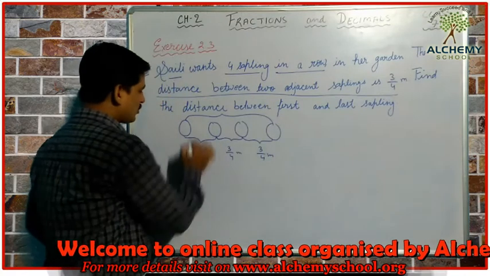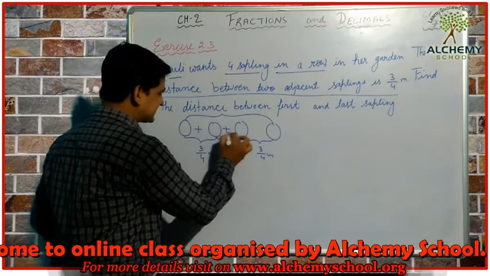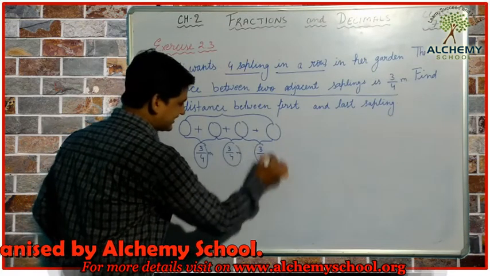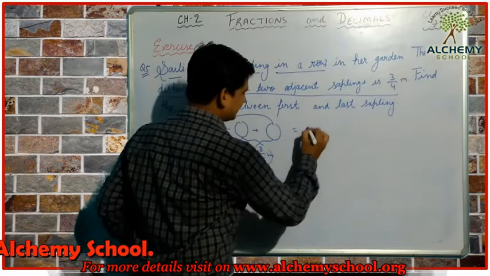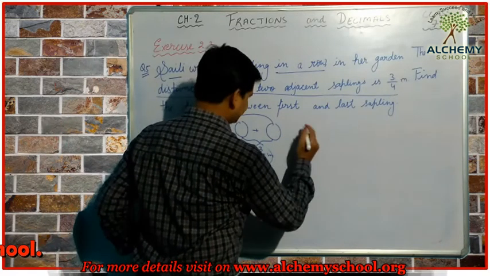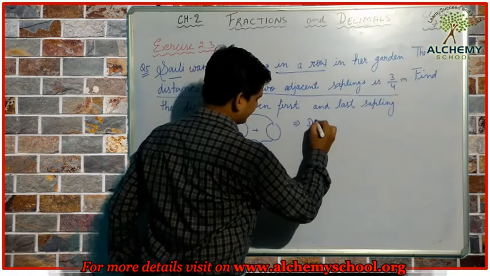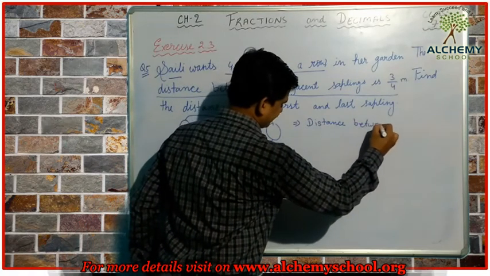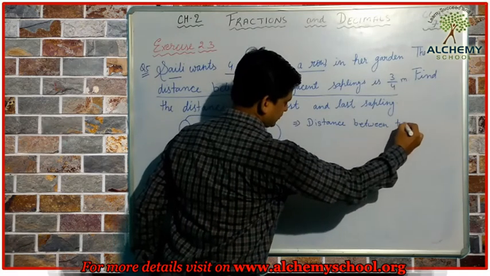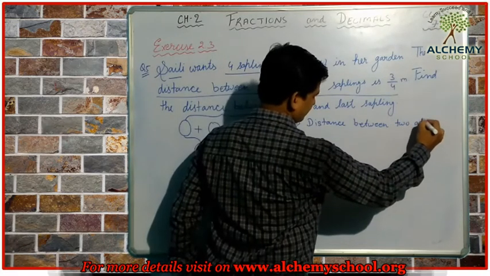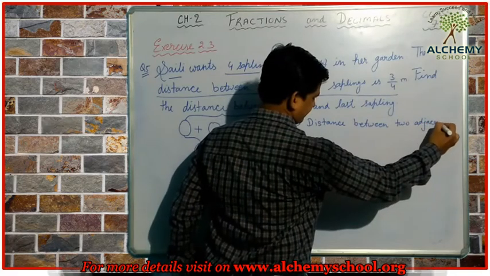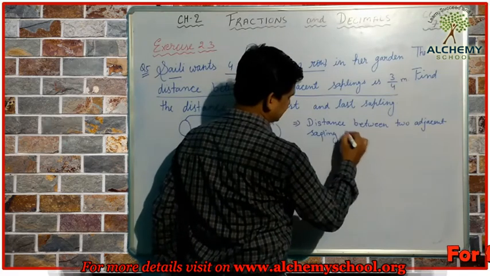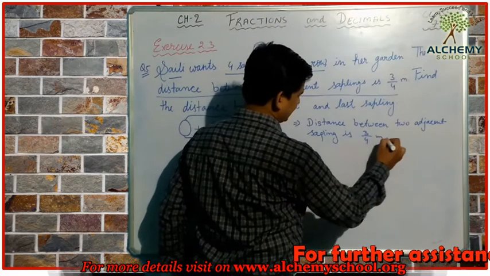So what can we do? We can add these distances. Okay, we can add 3 upon 4, 3 upon 4 and 3 upon 4. So first of all we have to write the information. Distance between 2 adjacent saplings is 3 upon 4 meter.